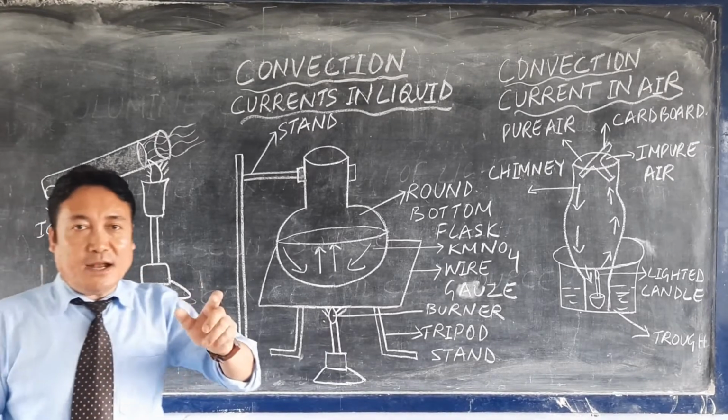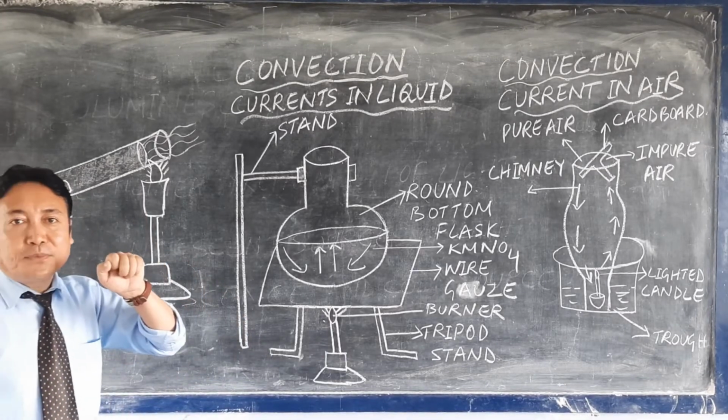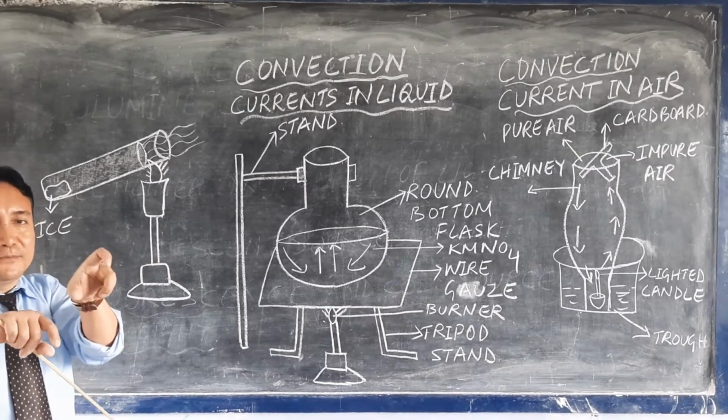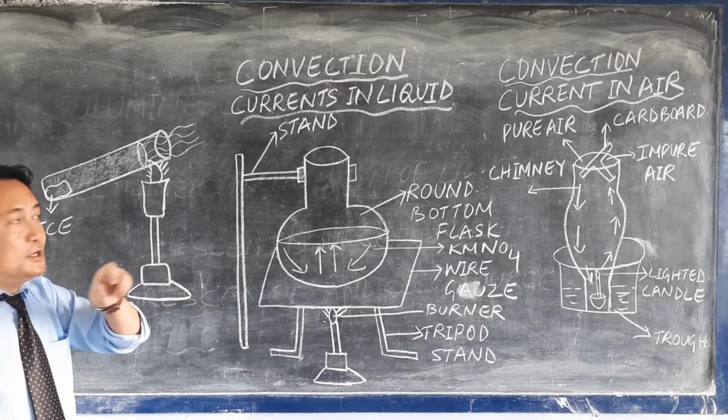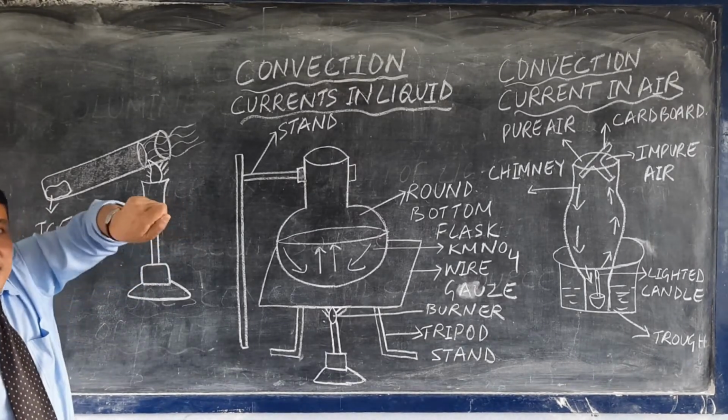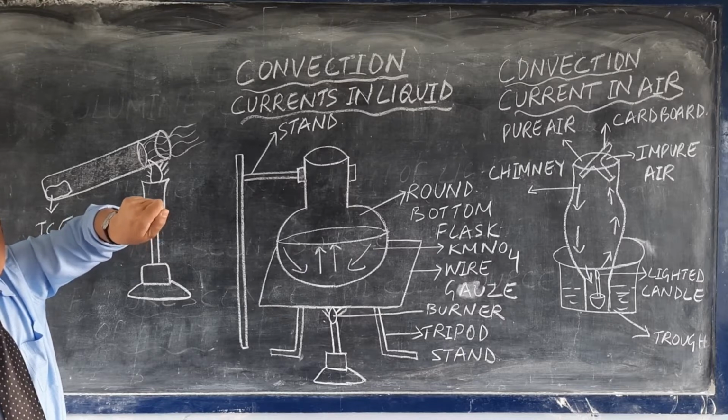Now you hold the test tube with a holder, some sort of forceps where you can hold the test tube, and tilt the test tube into an inclined position.